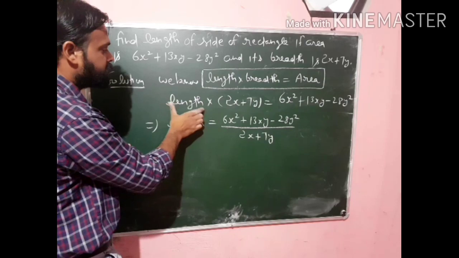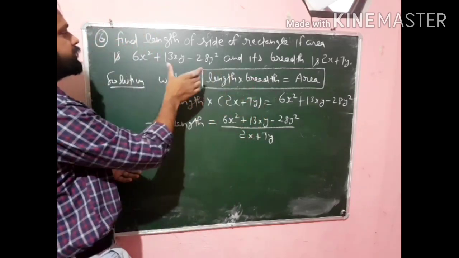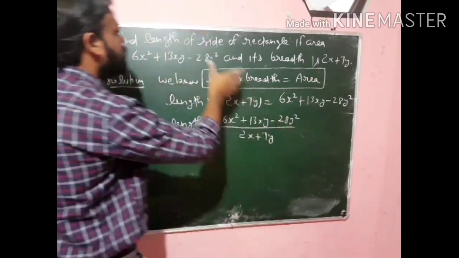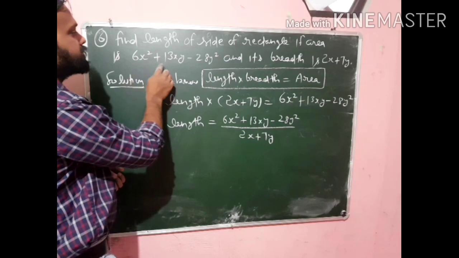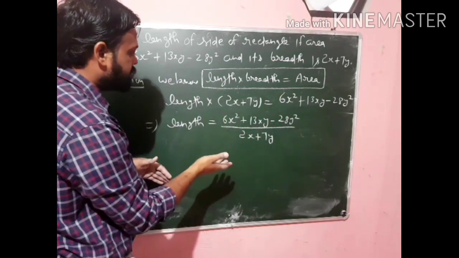Length we have to find, so write down length as it is, multiplied by breadth. The value of breadth is given, that is 2x plus 7y, is equal to area. Area is given, that is 6x square plus 13xy minus 28y square. Now what will be the next step?